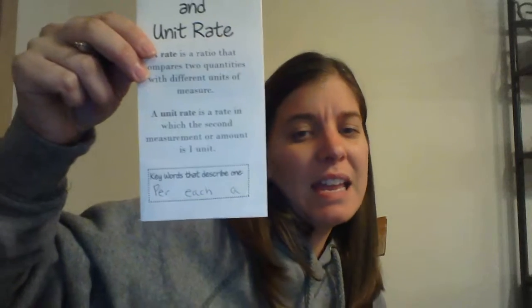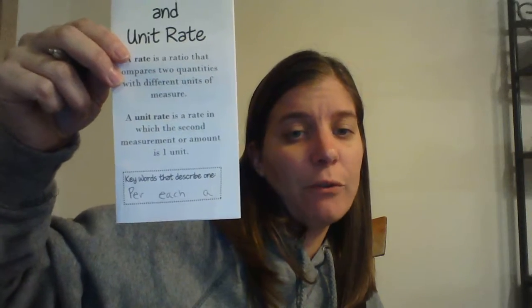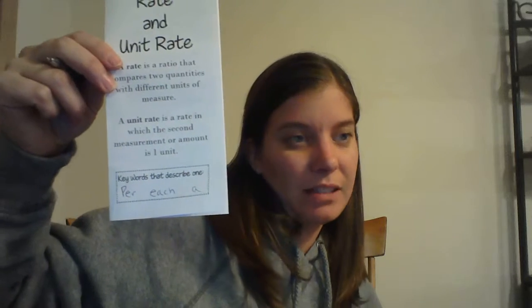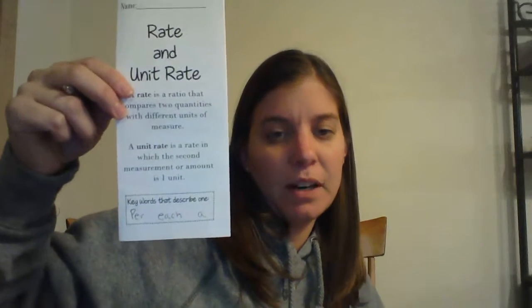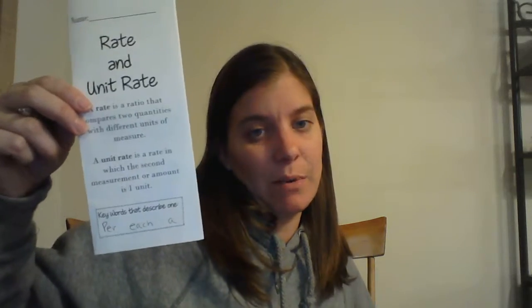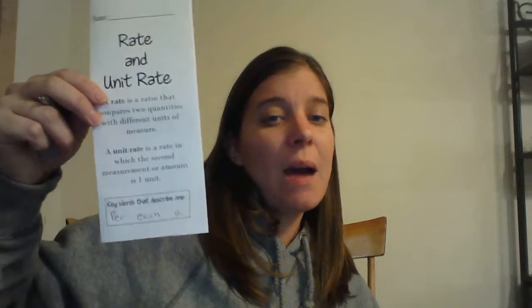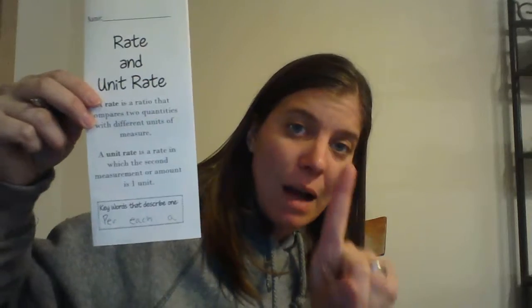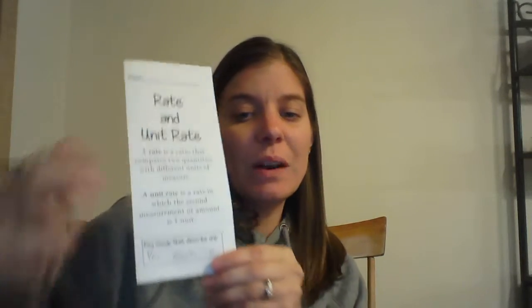If we would say it's $1.25 for a candy bar, that's saying 1 candy bar, all right? If it's $1.25 for each candy bar, 1 candy bar. How many miles per hour? Again, that means 1. So whenever we hear those words, we're going to think 1. We have to really listen for those words. Okay? All right, now we're going to move on to the inside.